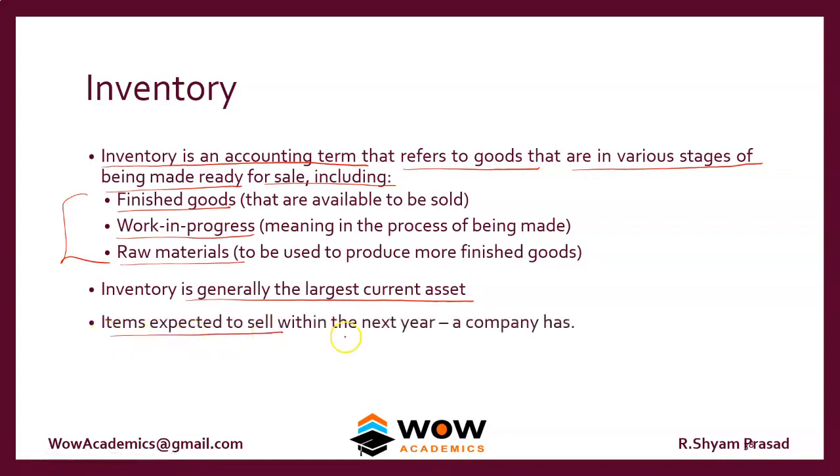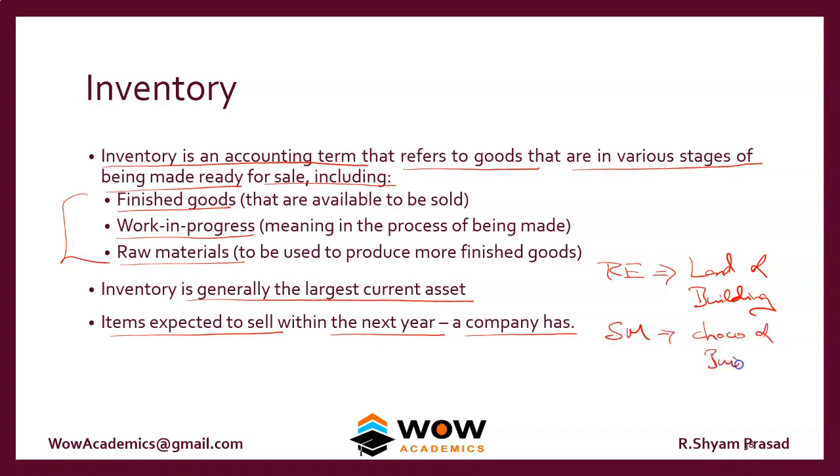Items a company expects to sell within the next year can be classified as inventory. For example, if you take a real estate company, for them the land and buildings are inventory. If you take a supermarket, for them all the chocolates and biscuits are the inventory.